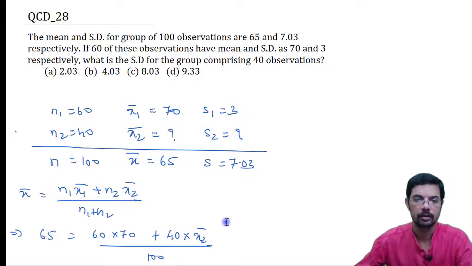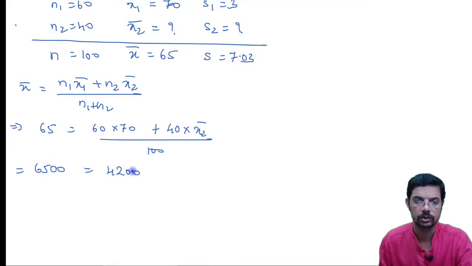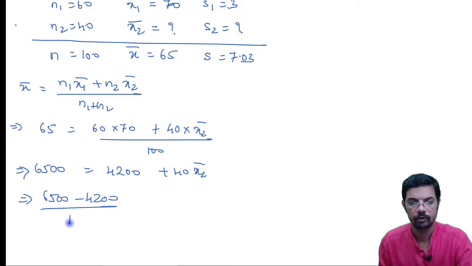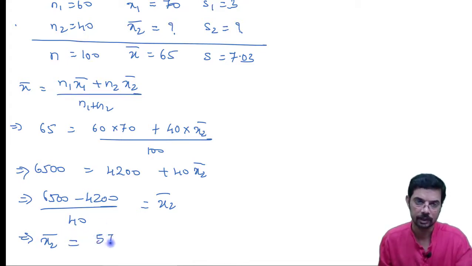When we calculate this, 6500 is equal to 4200 plus 40 into x2 bar, since 6 7s are 42. So, 6500 minus 4200 divided by 40 gives x2 bar, which implies that x2 bar is 57.5.